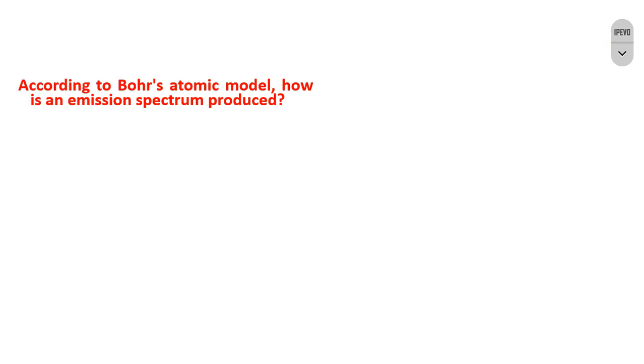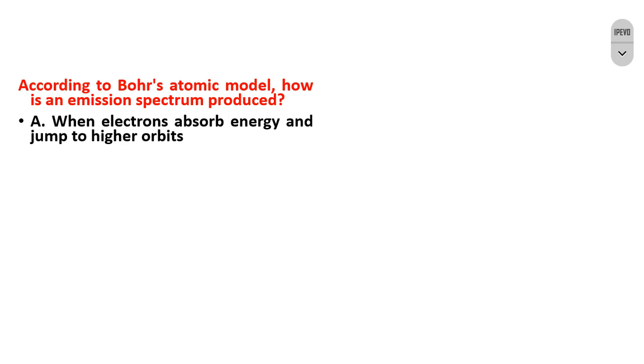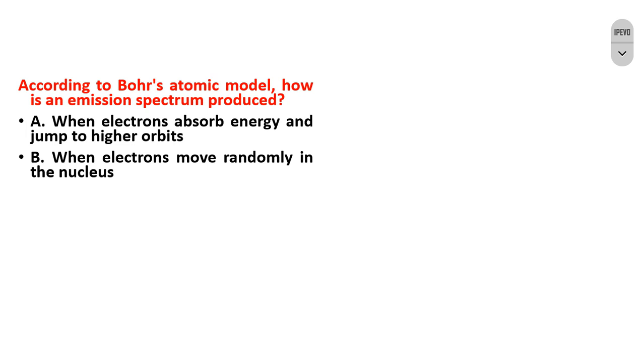Okay. According to Bohr's atomic model, how is an emission spectrum produced? A. When an electron absorbs energy and jumps to a higher orbit. B. When electrons move randomly in the nucleus.